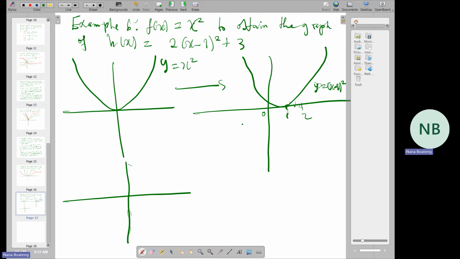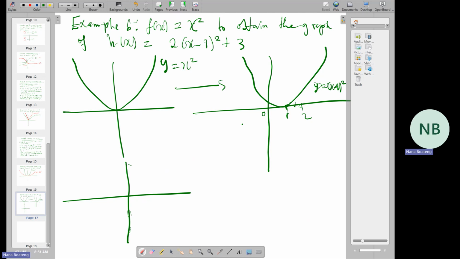We said if C is greater than 1, then the graph of y is equal to C times f of x is a vertical stretch. It's vertically stretched. And if C is between 0 and 1, then it's a vertical shrinking. So C is greater than 1 here. So this is a vertical stretch.